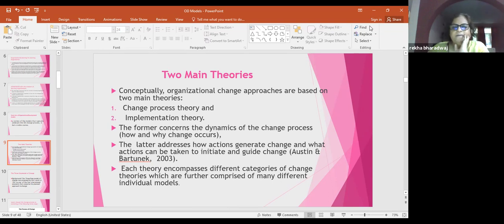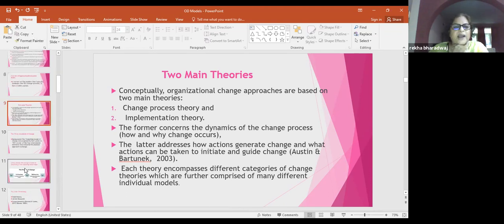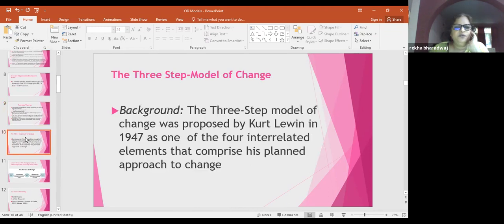Each theory encompasses different categories of change theories, which are further comprised of many individual models. So a process of change concerns itself with the dynamics of change process. So today we are going to look at the change process theory, the dynamics of change.